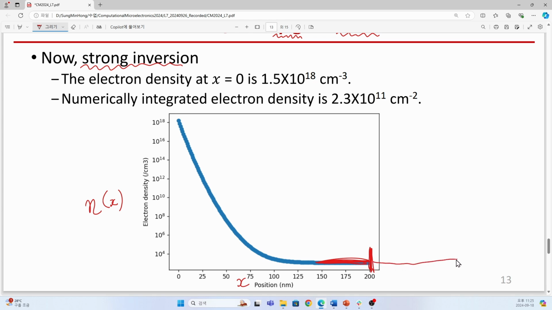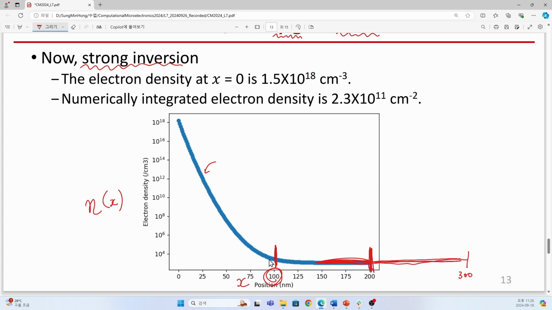For example, if we extend it to 300 nanometers, we will have the same profile, and it does not change the solution here. However, I intentionally reduced the simulation domain to 100 nanometers thick in order to save computational cost.